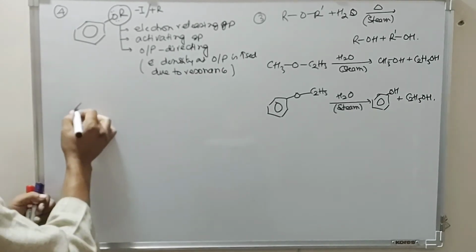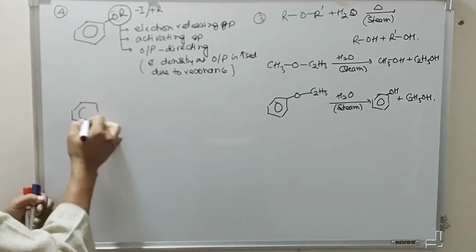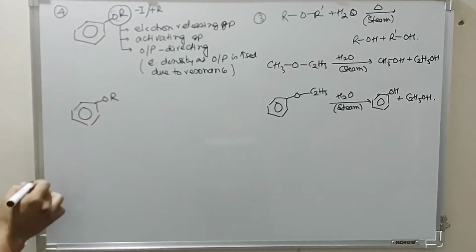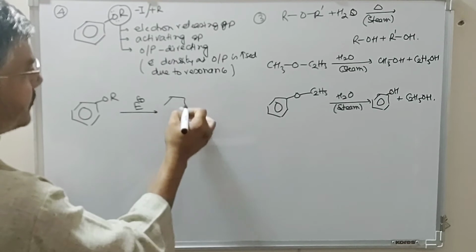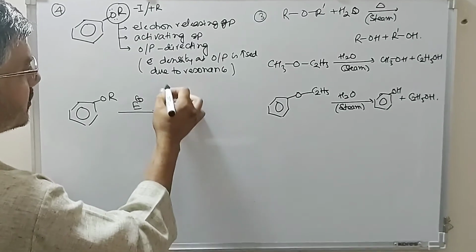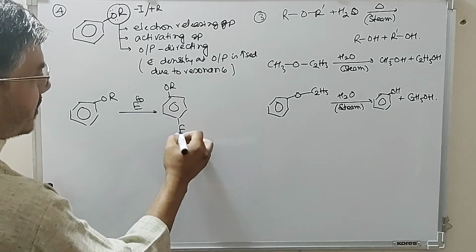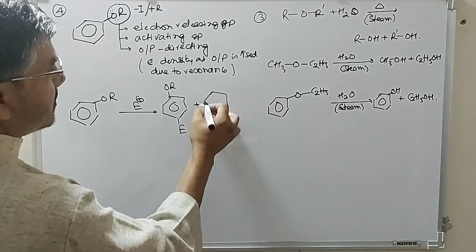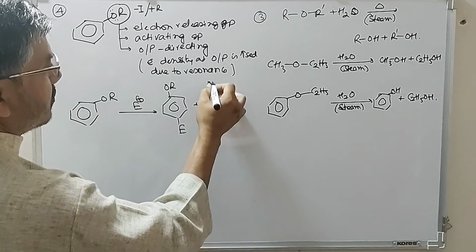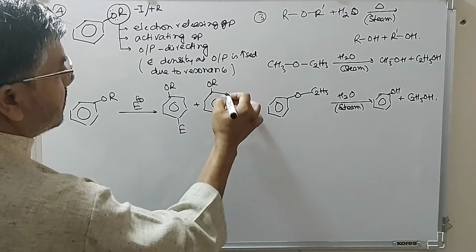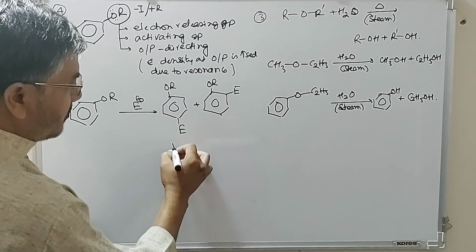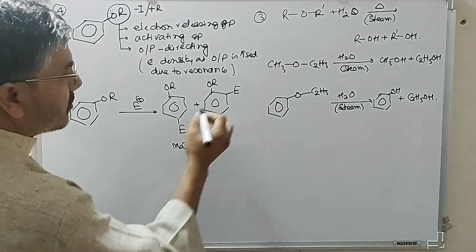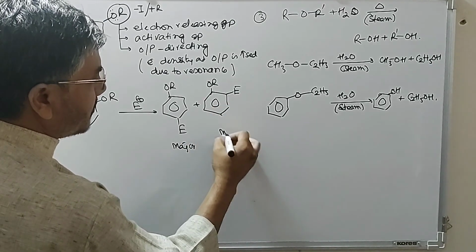So therefore we have this OR group. When this reacts with an electrophile, this will give you substitution at para and substitution at ortho. But out of these, para will be forming as a major compound, ortho will be forming as a minor compound.